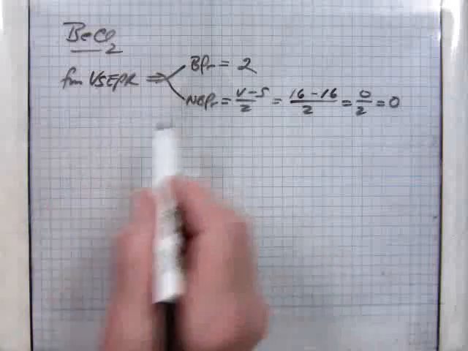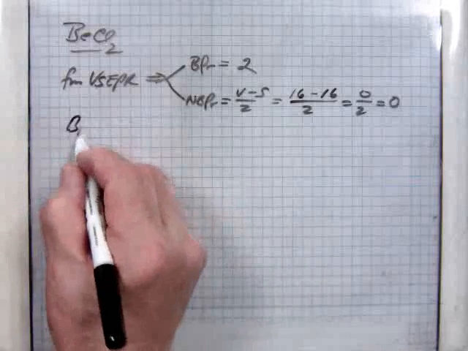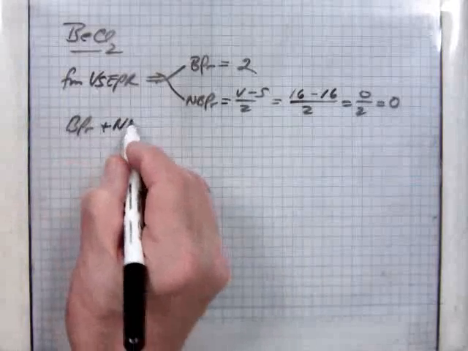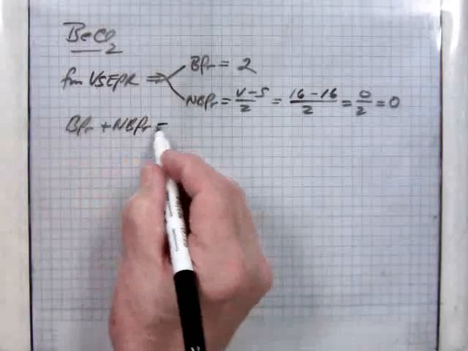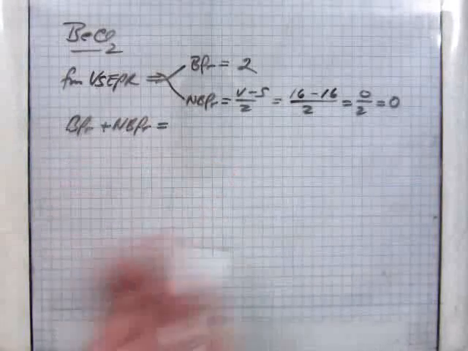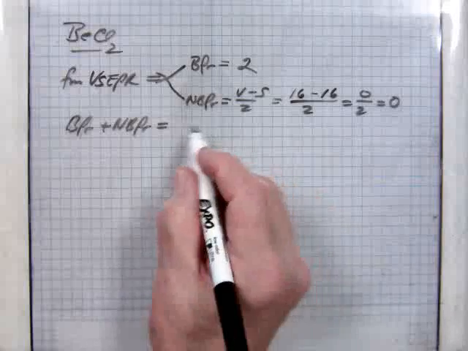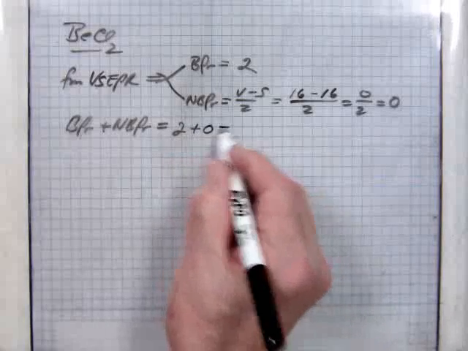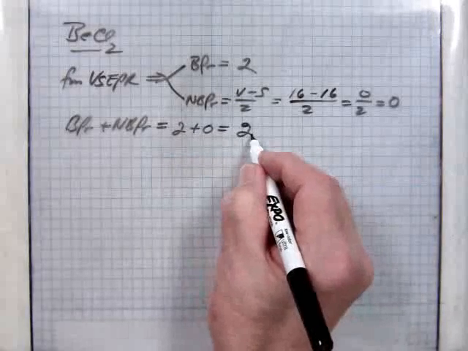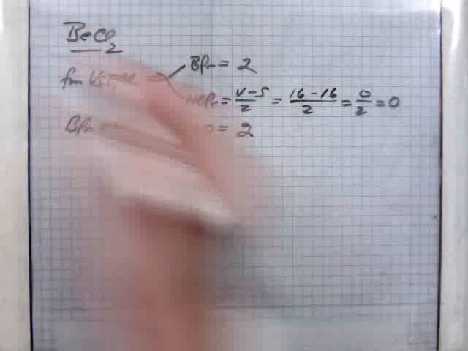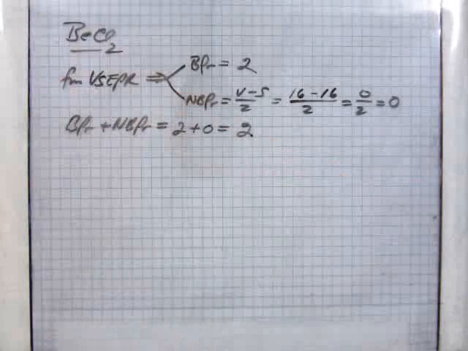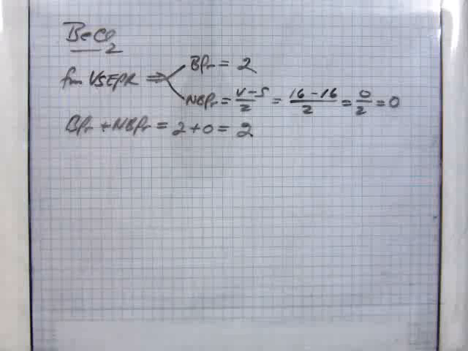So recall that the bonded pair plus non-bonded pair tells you the parent structure. So that's 2 plus 0 gives you a 2 for the parent, and it'll be linear, an AX2 parent. But here it also says that's how many hybrids you need from the central element.